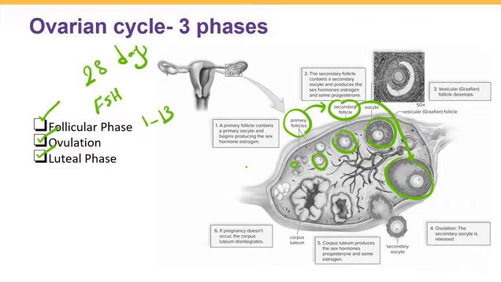Around day 14, in the middle of the ovarian cycle, a sudden surge of LH, the luteinizing hormone, is going to trigger the mature follicle to rupture and release the secondary oocyte. So, as you can see here, we have ovulation.